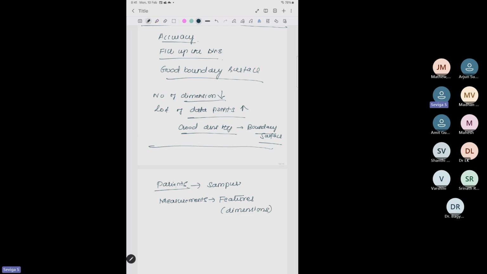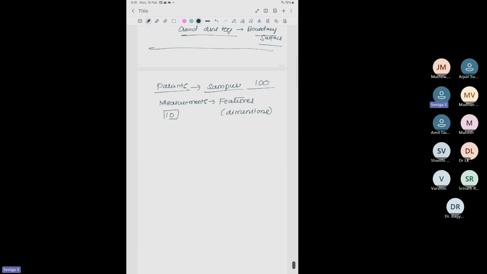For the same patient, you can take 10 measurements. When you give these to the classifier, you give these 10 measurements, so you are giving the features. Samples means you have 100 patients. In our egg problem, the egg is a sample. The weight, length, or age of the hen, or whatever it is, is the feature.